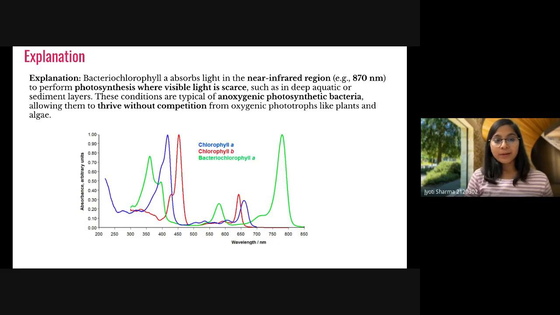You can see the explanation here: bacteriochlorophyll A absorbs light in the infrared region to perform photosynthesis where visible light is scarce, such as in deep aquatic or sediment layers. These conditions are typical of anoxygenic photosynthetic bacteria, allowing them to thrive without competition from oxygenic phototrophs like plants and algae. So that's why this gives me the right answer.